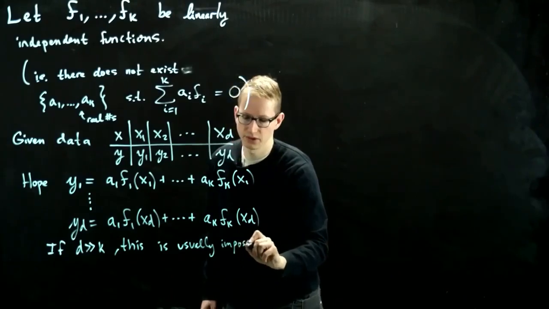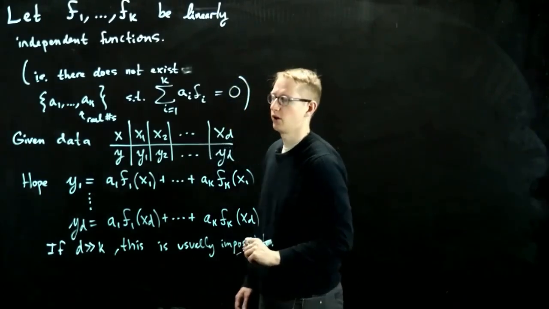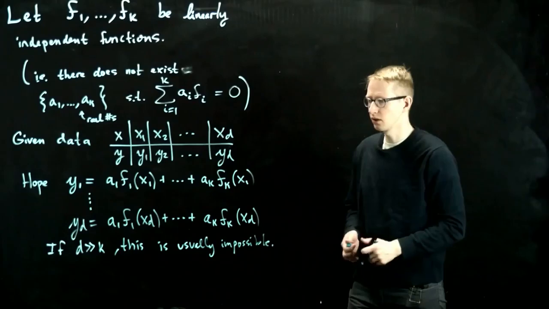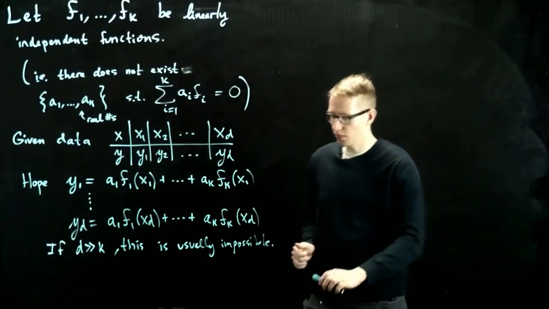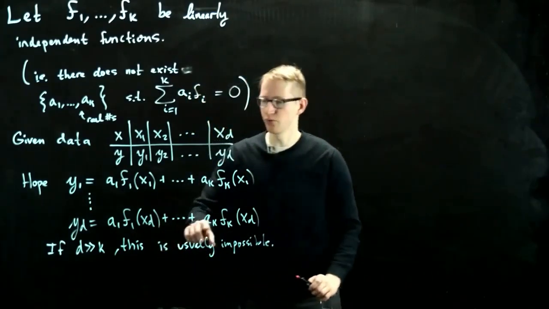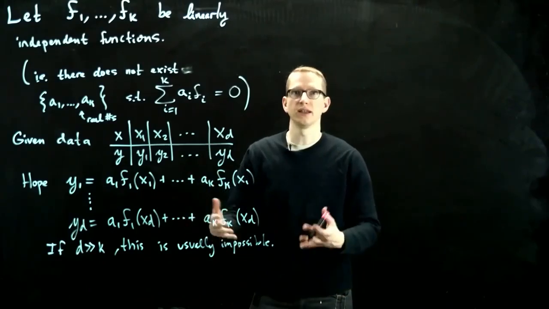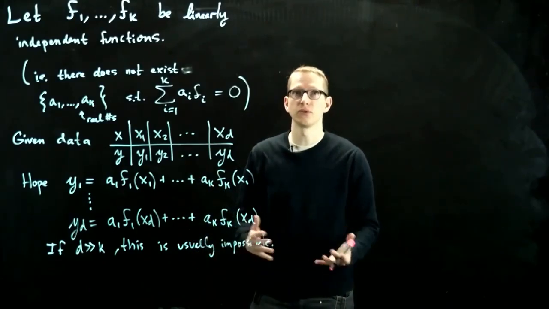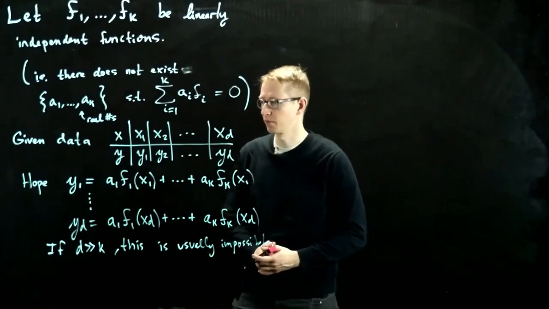It's usually impossible to find coefficients that fit all of these data. So before moving on, let's try to rewrite this expression in a linear way so that we can relate it to the linear regression problem we solved earlier.